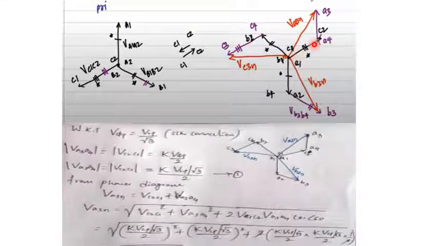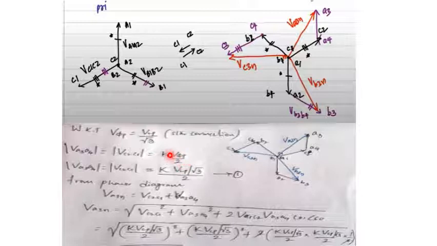What is the magnitude of these voltages? Here this is the secondary, so I write in terms of the transformation ratio, V2 divided by V1, that equals K. So VA3A4 magnitude equals VC2C1 magnitude, which equals K times VΦP divided by 2.